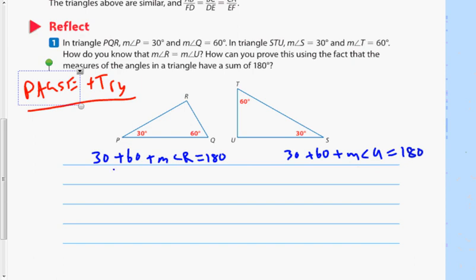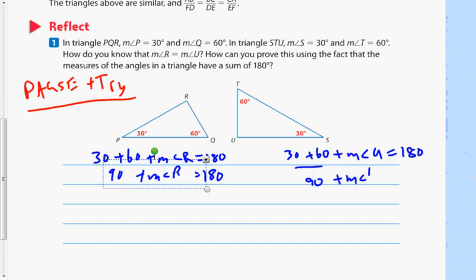So this would be 90 plus the measure of angle R equals 180. This one would be, if I added these, 90 plus the measure of angle U equals 180. And then to solve it, I subtract 90 from both sides.